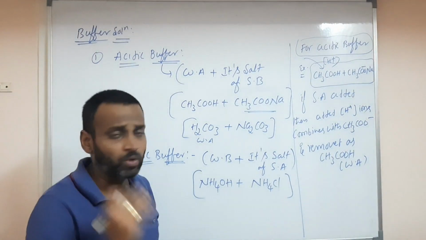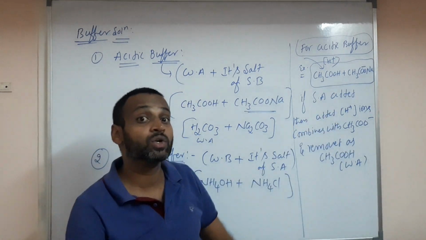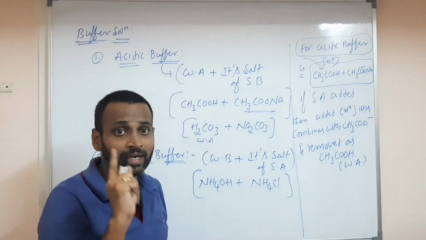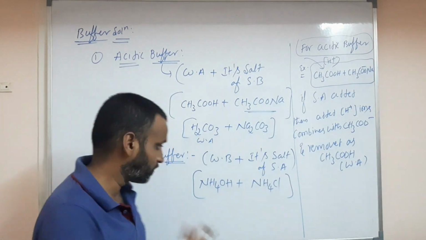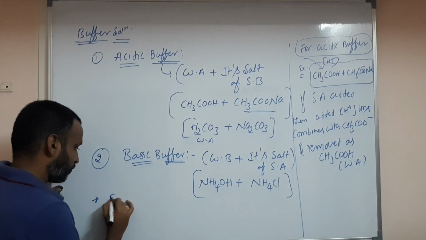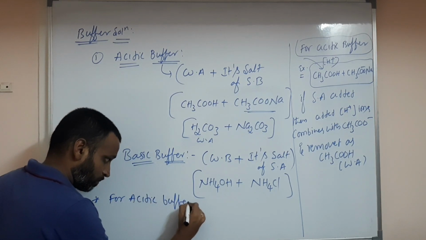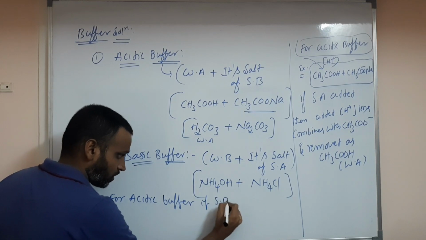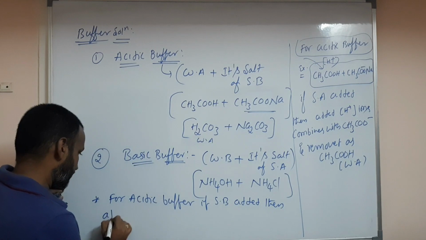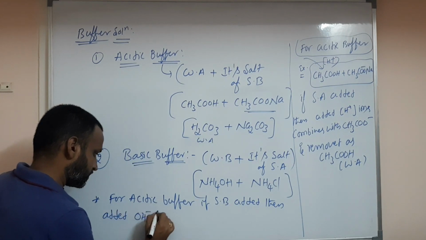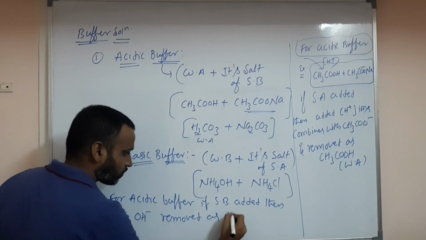Sir, one small thing. For this acidic buffer, if you add strong base, what happens? Then the OH- concentration will be removed as water. So simple, that point also I will add here. For an acidic buffer, if strong base is added, then the added OH- is removed as water.